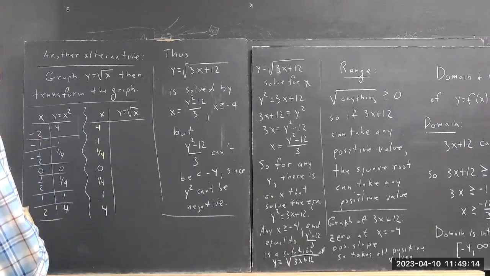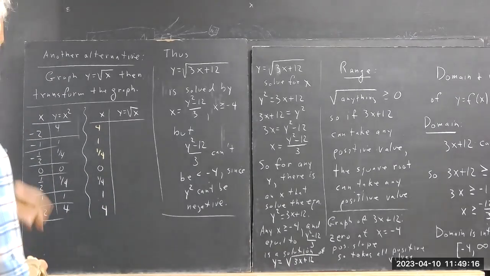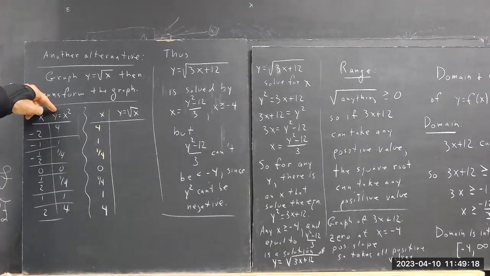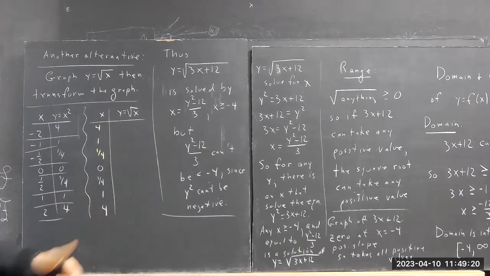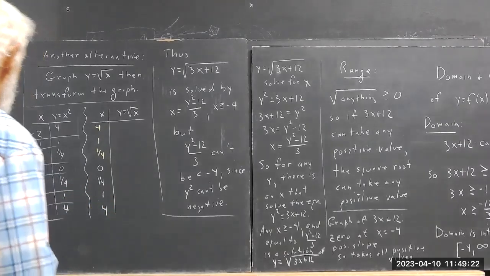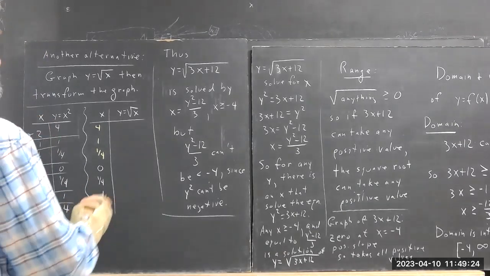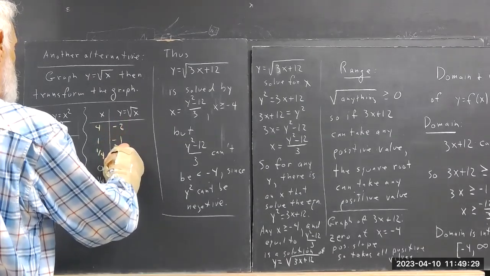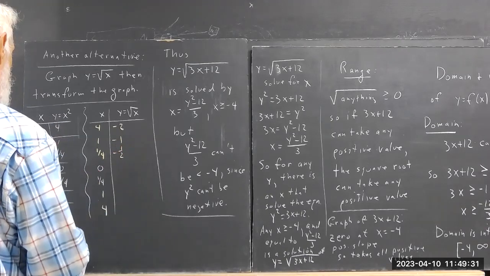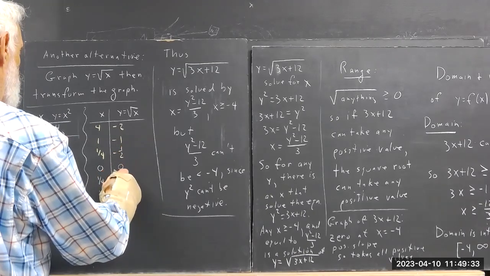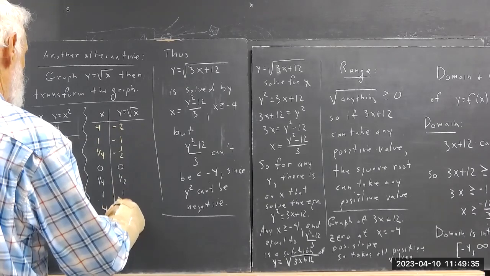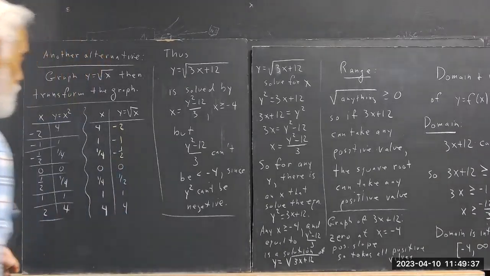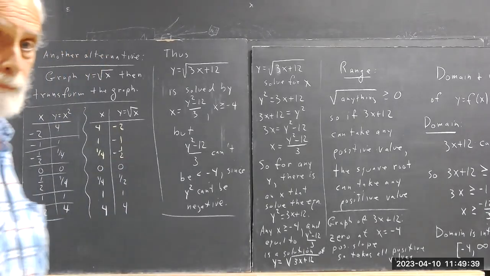I'll explain in a minute why I do that. Okay, so I just take the right column of this table and make it the left column. Then I take the left column and make it the right column. Well, the left column is -2, -1, -1/2, zero, 1/2, 1/4.